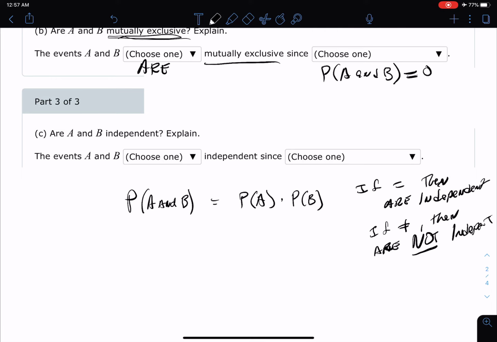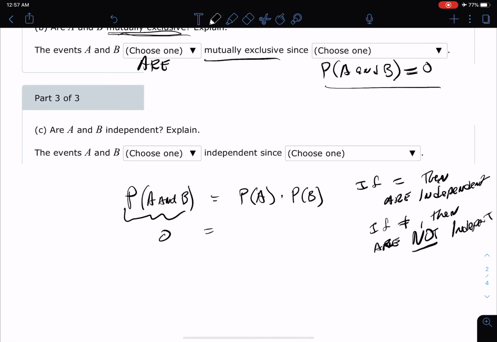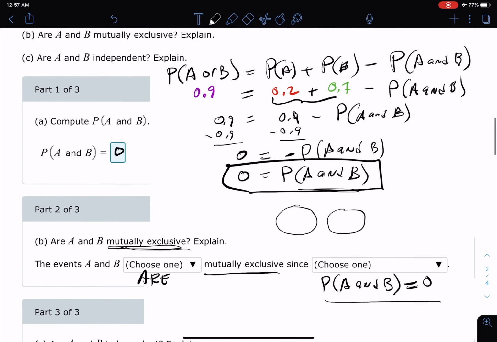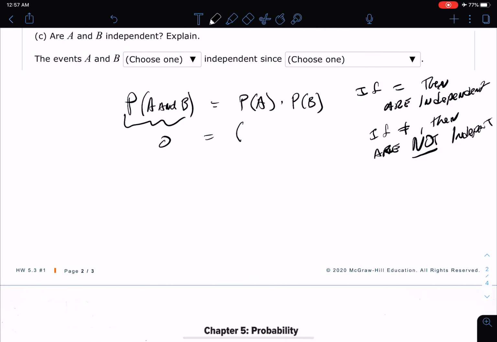Okay, let's see what happens. What is the probability of A and B? Well, we figured that out back here, it is 0. And what's the probability of A? Probability of A, once again, is 0.2, and the probability of B is 0.7. So we put 0.2 in here times 0.7. That sounds familiar to the last time. So this is 0.14.